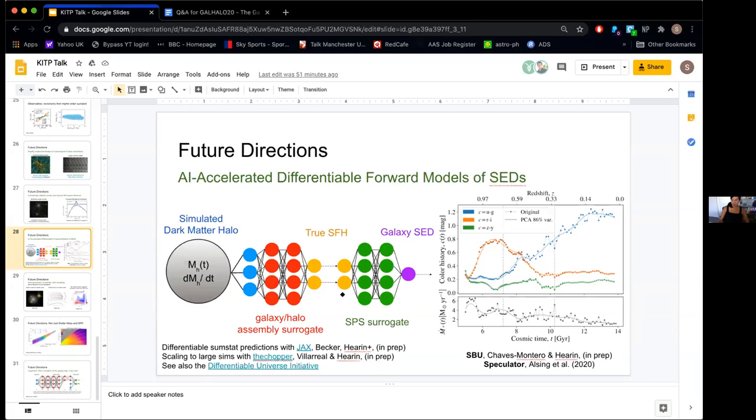Ben, please feel free to speak up if you want to add anything. I'm just nodding. I agree with both of you. What Peter says is, we can train it directly on observations to figure out what kind of empirical relations we need, instead of doing that by hand, which we've been doing for years and years.